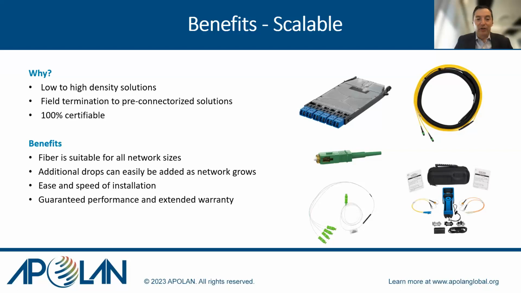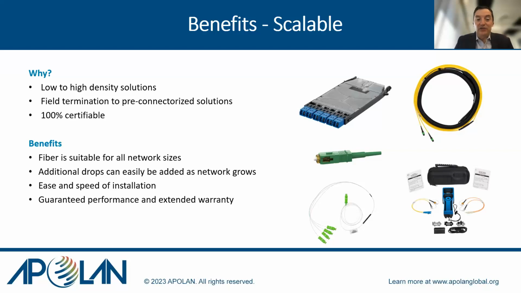Again, it's suitable for all network sizes. If you need to grow, drops can easily be added, and in today's day, speed of installation is something that you need to take into account, because in the past, what we thought is that fiber is difficult to terminate, and you need experienced people to do this termination. But today we have many different options, and it is not as difficult as in the past.